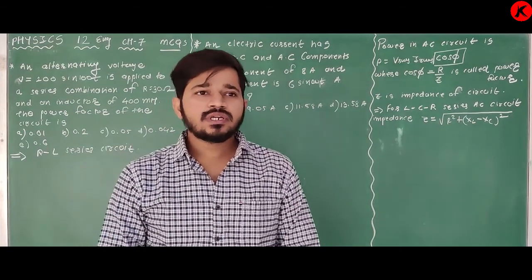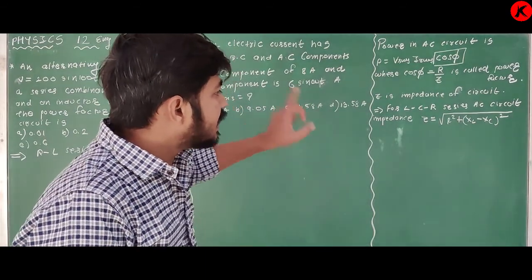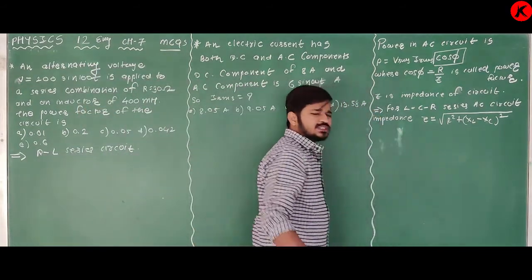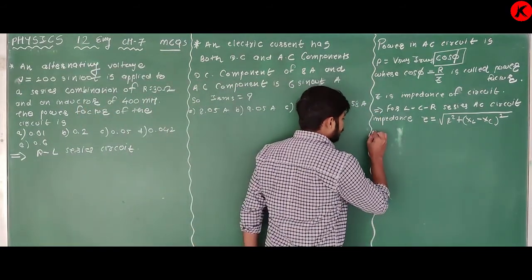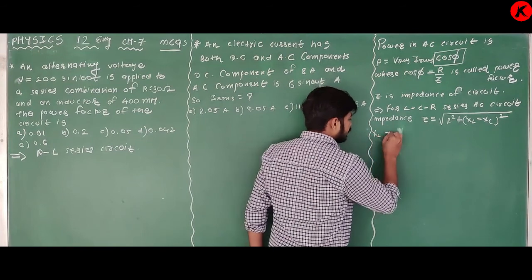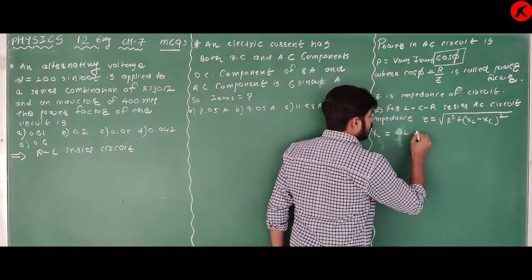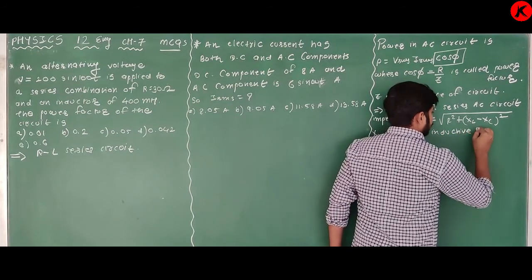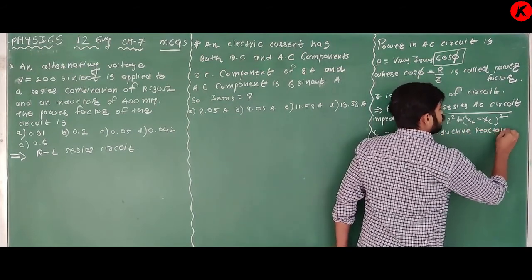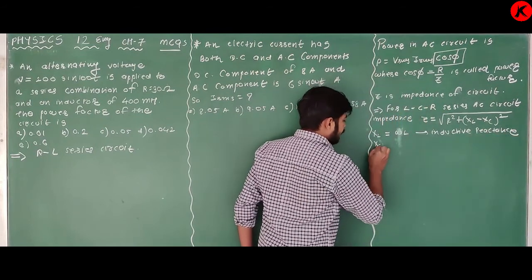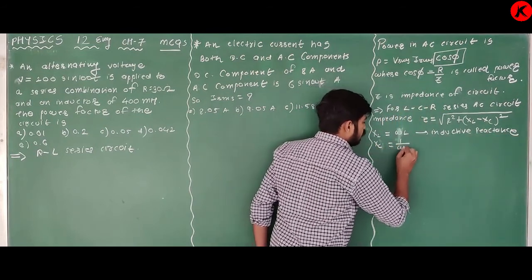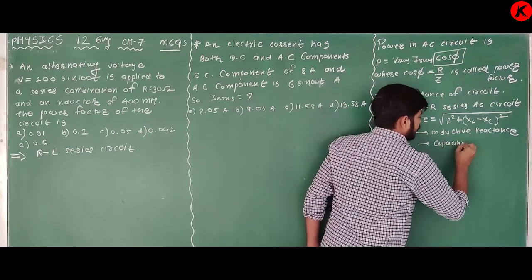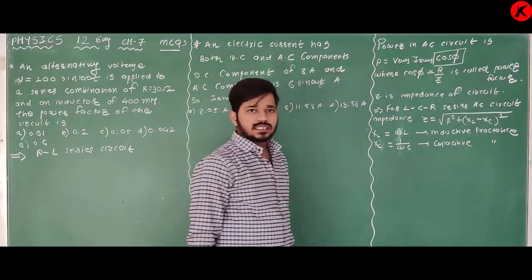Where XL is equal to omega L, it is called inductive reactance. And XC is equal to 1 upon omega C, that is capacitive reactance. You clear about this?